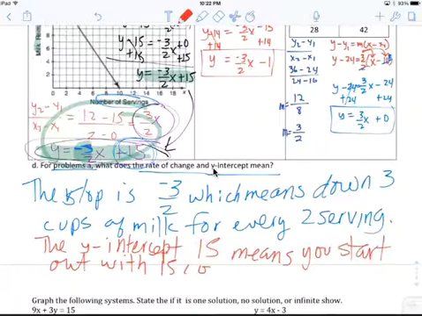And you're losing 3 cups for every 2 servings.